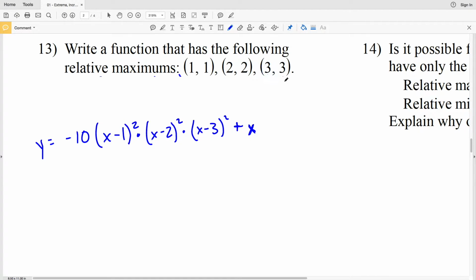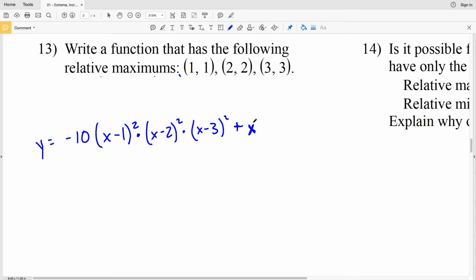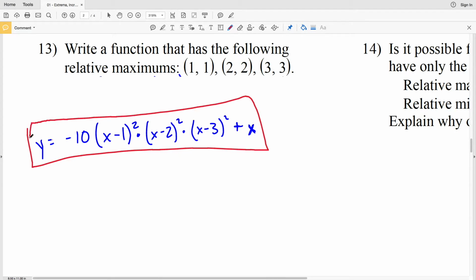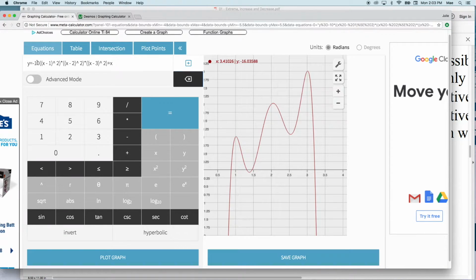And if we plug in 3 for x, we'll get 3 for y, because plugging in a 1, 2, or 3, the multiplication of our first term will be 0. So we'll either have 1, 2, or 3. And I graphed this out on a graphing calculator so that you could see. Negative 10 times x minus 1 squared times x minus 2 squared times x minus 3 squared plus x.